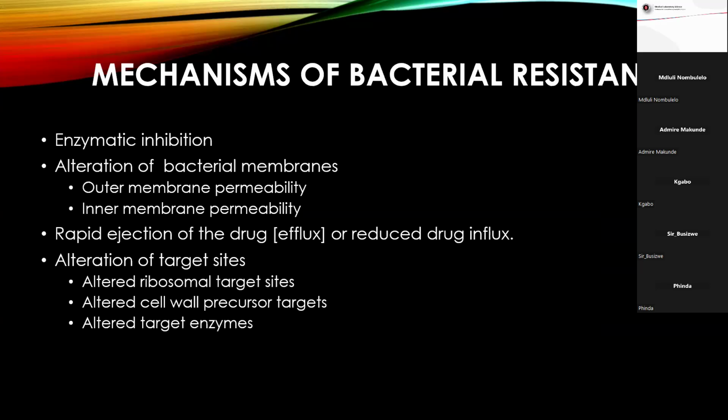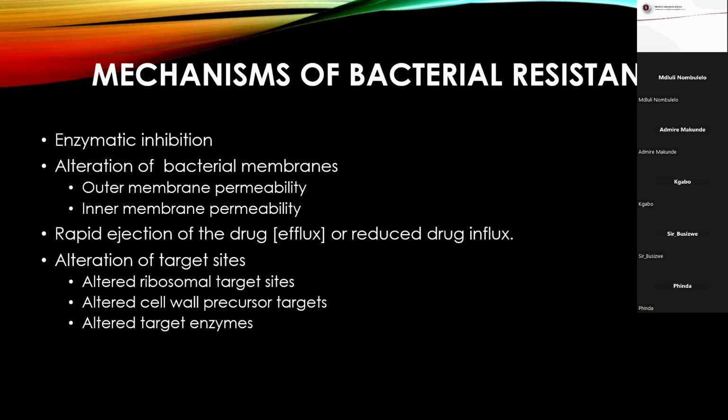So how do these bacteria end up resistant? There are several mechanisms by which bacteria become resistant to antibacterials. So we're talking about enzymatic inhibition, when the bacteria produce an enzyme which inactivates the antibiotic.